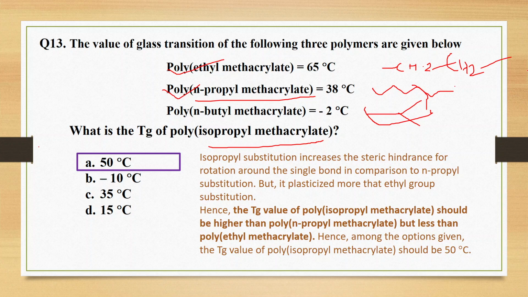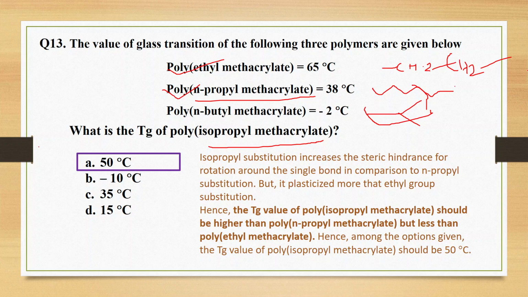So in case of your polyethyl methacrylate, if you consider the side chain as a plasticizer, the ethyl group will impose a much higher Tg value than in case of your isopropyl methacrylate.